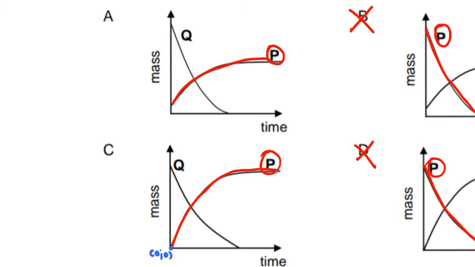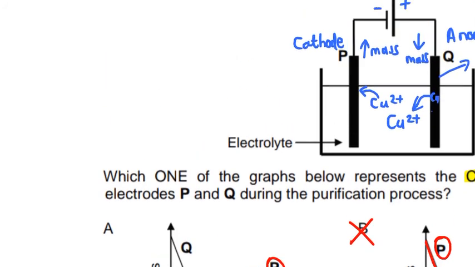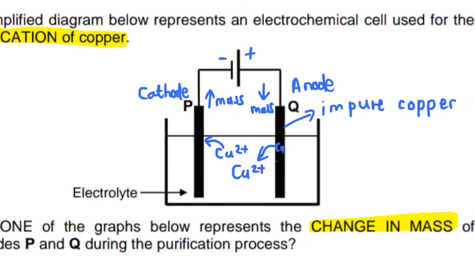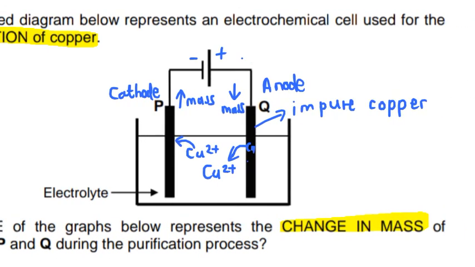But does that actually make sense? No, it doesn't, because at a time of 0, if you look at the sketch, if I can put a switch over here, for example, and we pretend that the switch was open, that could represent a time of 0, or at the beginning. And at the beginning, electrode P actually does have a mass.